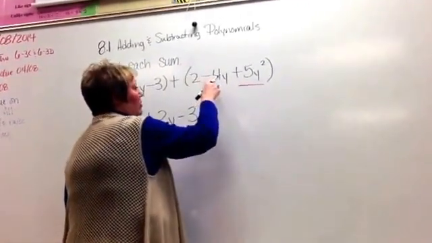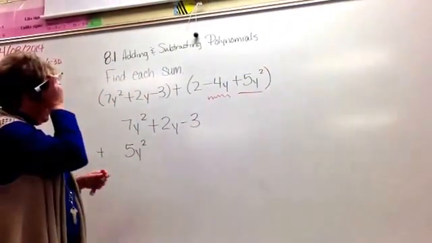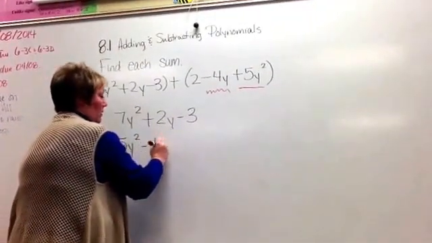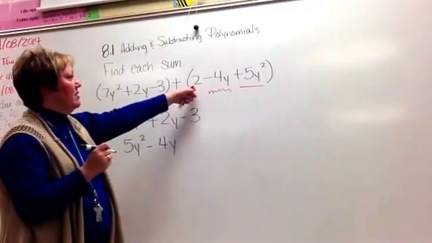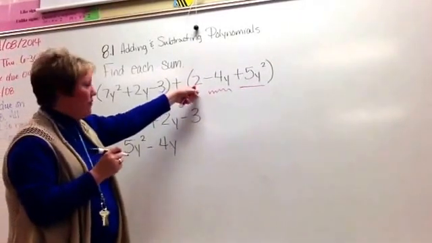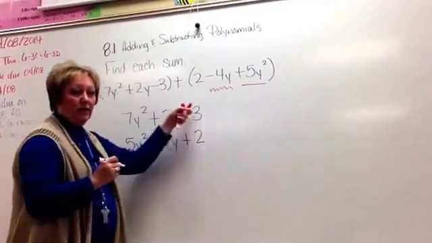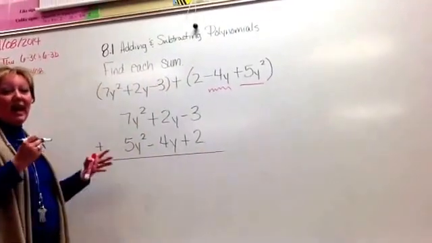I'm going to come on to negative 4y or minus 4y. I'm going to line it up under its like term. And then last but certainly not least is our constant. Since this is a positive 2, I'm going to put plus 2 under its like term. Draw a line under there and add these.